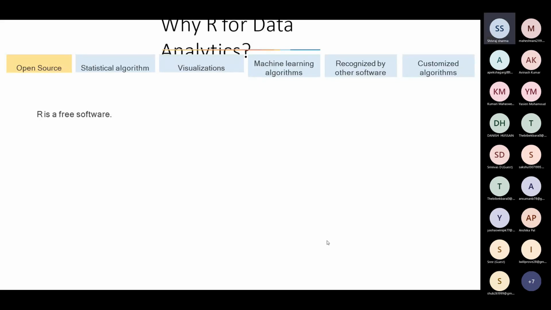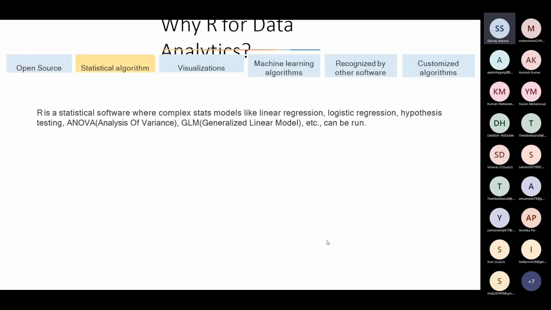The very first thing is why it is open source. R is a free software, that's why. Second, R is a statistical software. It means it works on statistics, right?